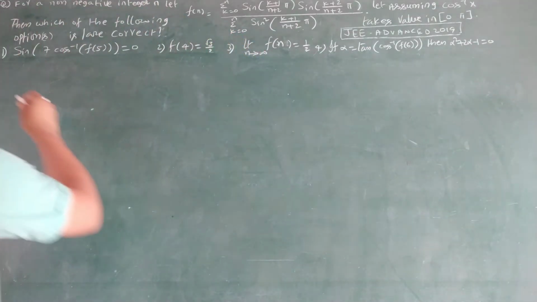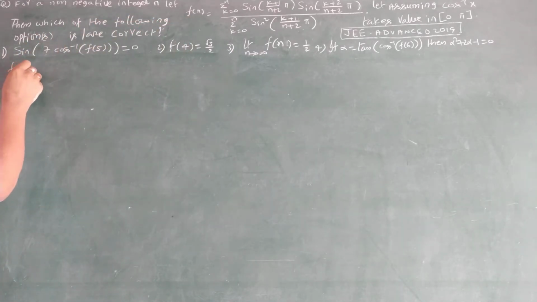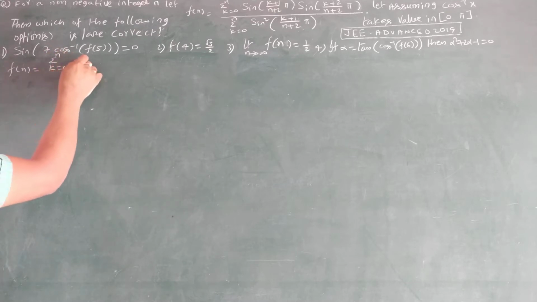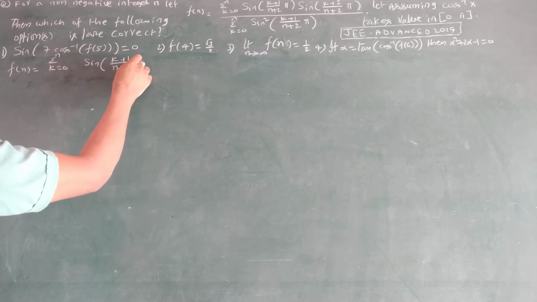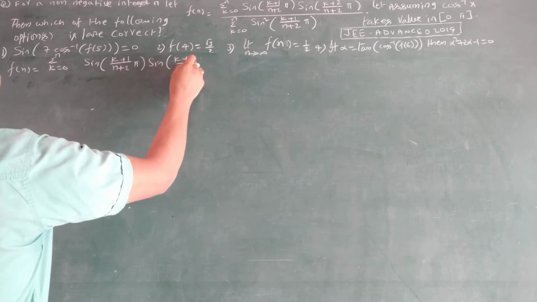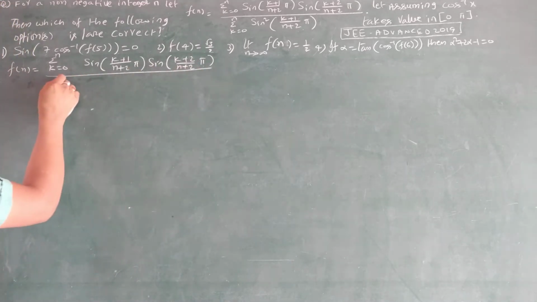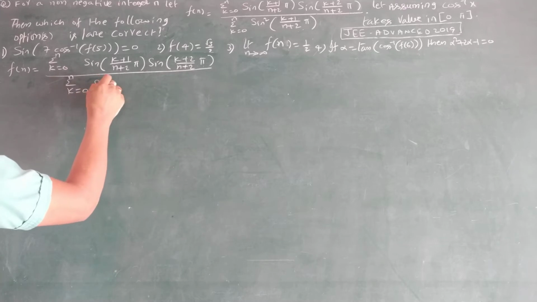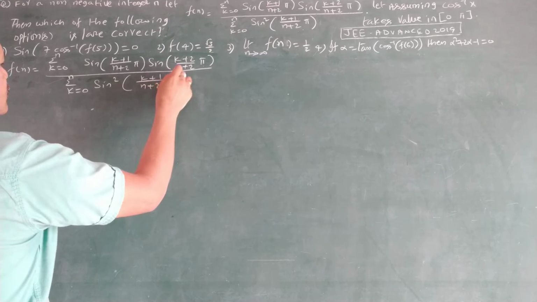Solution for this one: let us take the function f(n) = Σ_{k=0}^{n} sin((k+1)π/(n+2)) · sin((k+2)π/(n+2)) divided by Σ_{k=0}^{n} sin²((k+1)π/(n+2)).